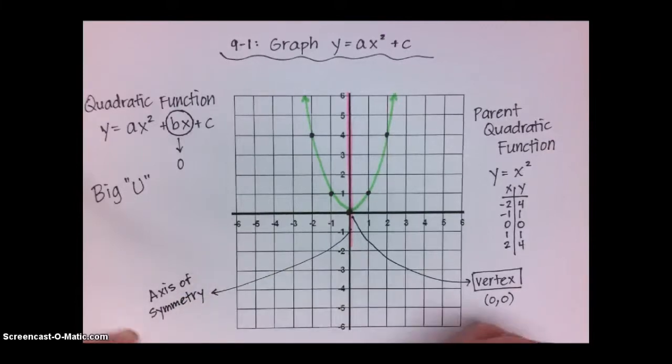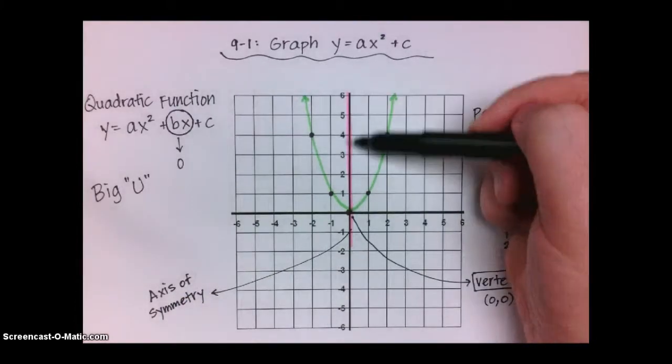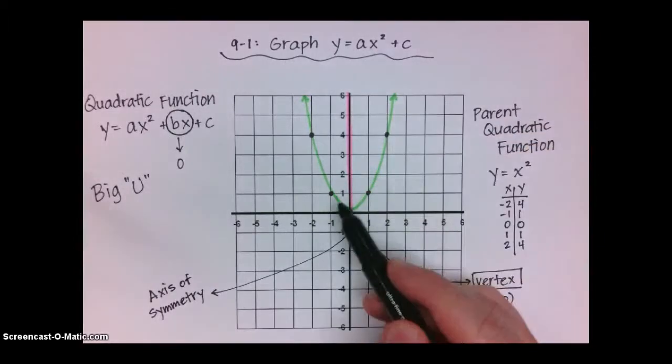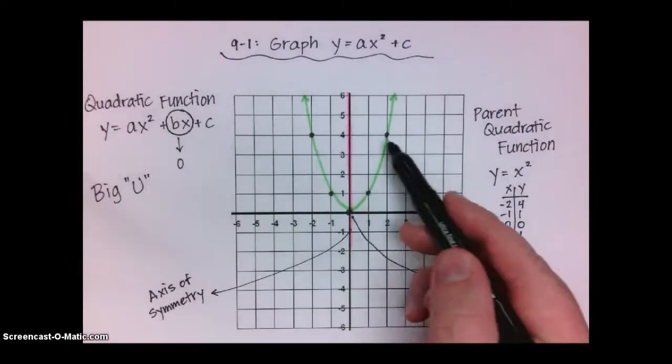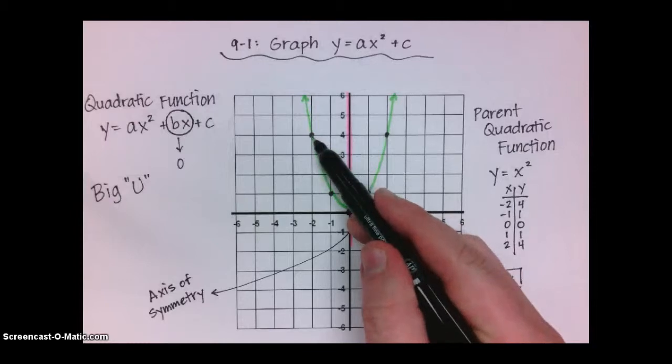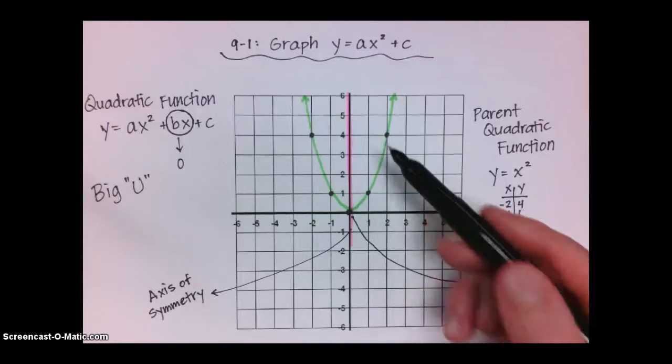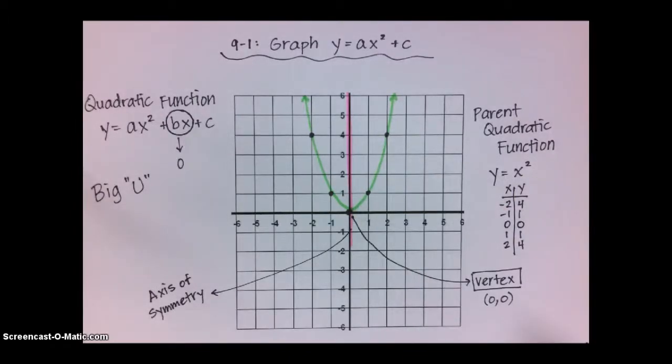And what that means is that straight down this parabola, this imaginary line, is going to be a mirror image on either side of the line. So if I'm going to find a point here on the left-hand side, I'm going to find the same point, the same distance away on the right side. That's the axis of symmetry. Okay? So those are just a few of the terms that I wanted to go over.